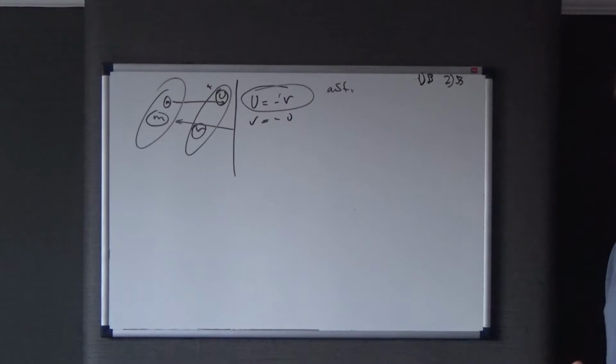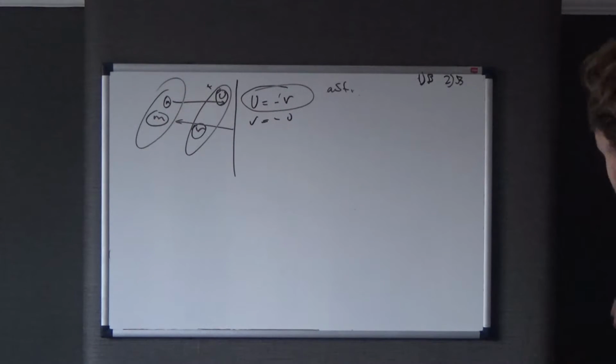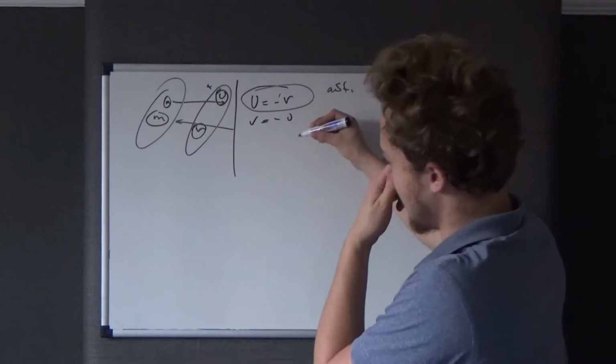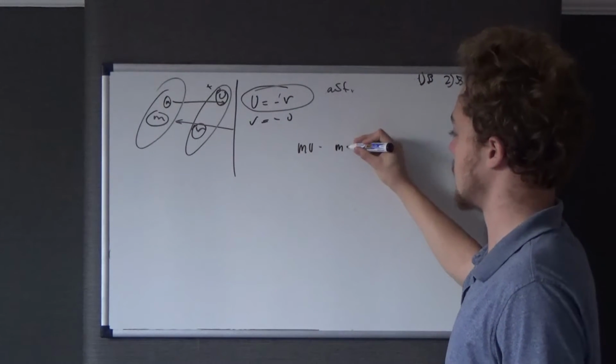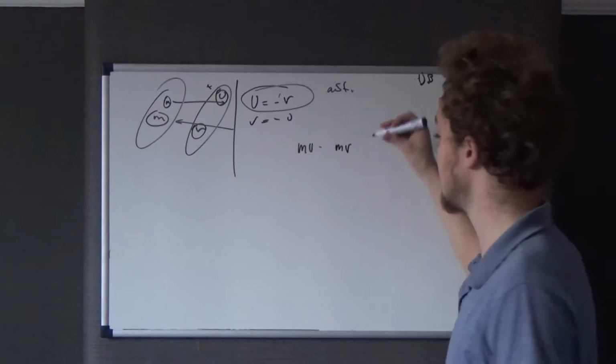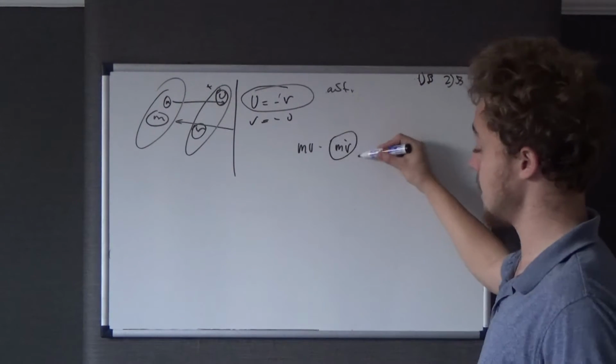So remember, a change in momentum is calculated by the momentum before take the momentum after, or the momentum after take the momentum before, whichever way round you want to say it. So it's m times u take m times v. However, the v is negative, so we're taking away a negative here.